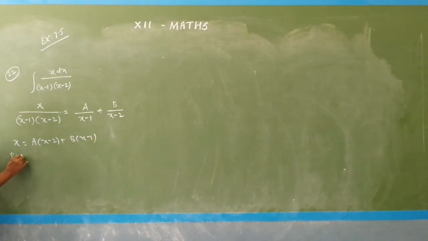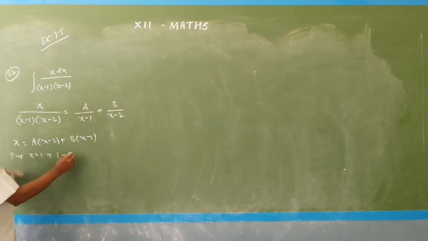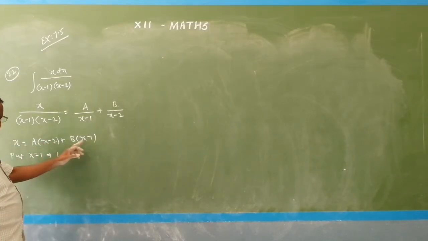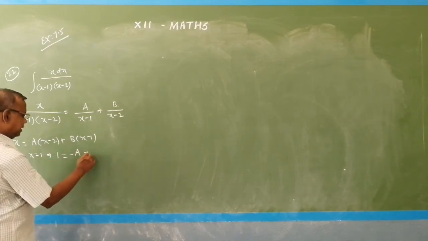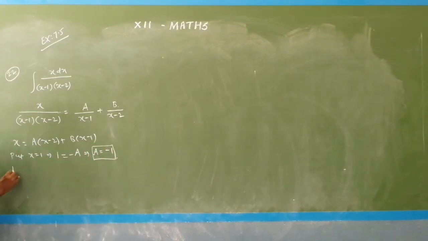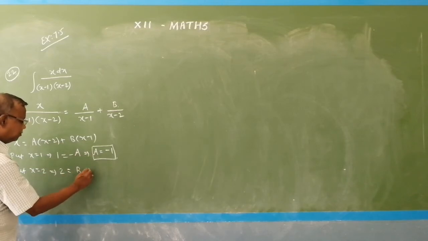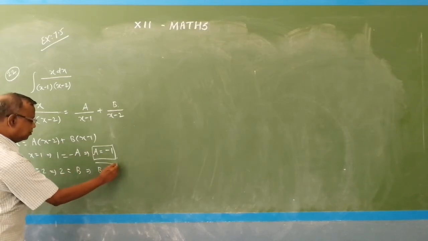Put x equal to 1. So, LHS equals 1, and on the right, 1 minus 2 means minus 1, so minus a; the other part is 0. So, a equals minus 1. Put x equal to 2. So, 2 equals, this part is 0, 2 minus 1 times b. So, b equals 2.